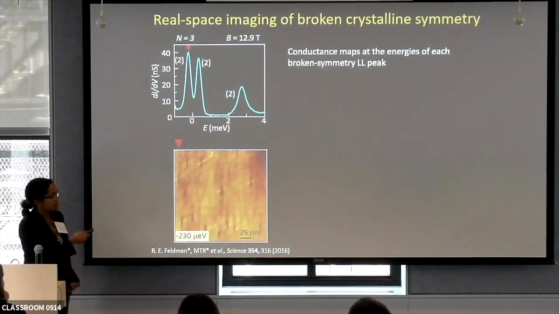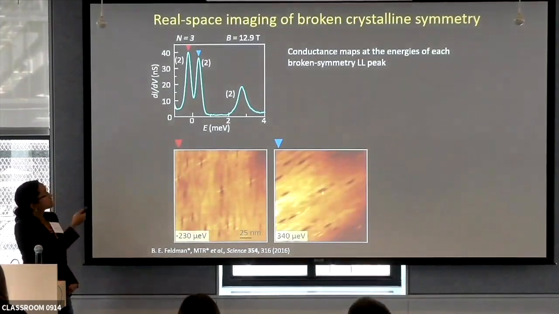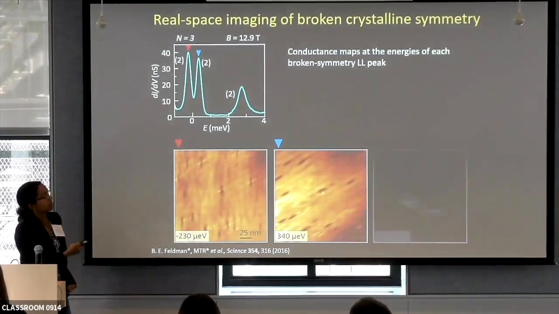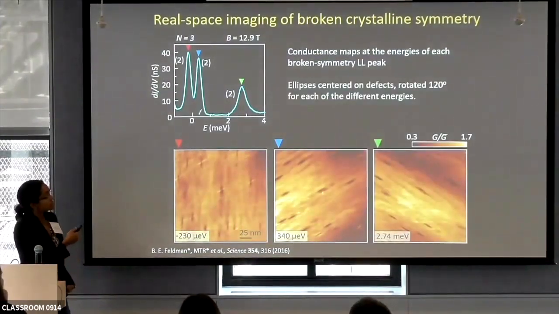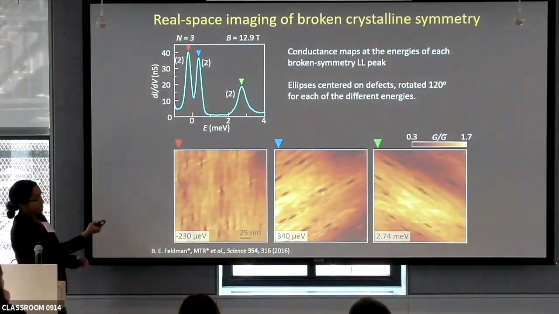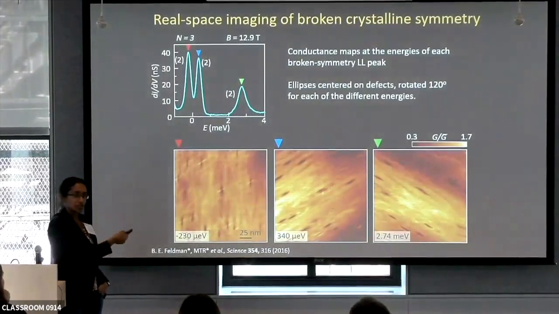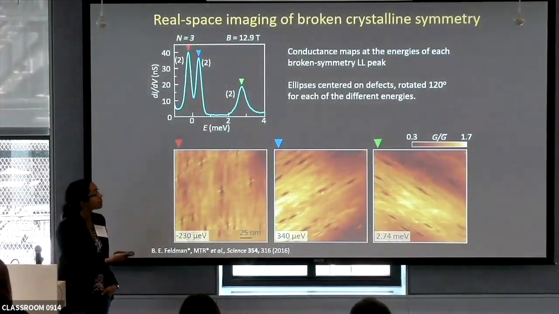And you can see these ellipses with a long axis oriented vertically. Now, if we take measurements in the same area of the sample, but at these different energies of the other peaks here, we can see that these ellipses now are diagonally rotated with 120 degrees with respect to one another at each of these 3 energies.